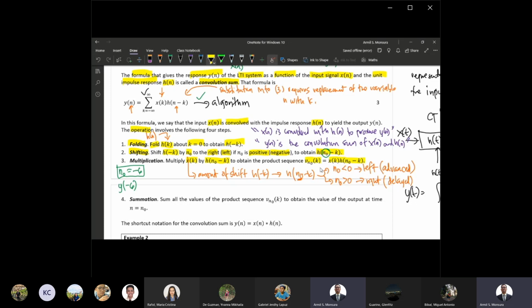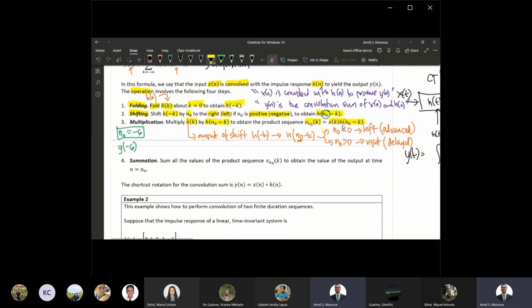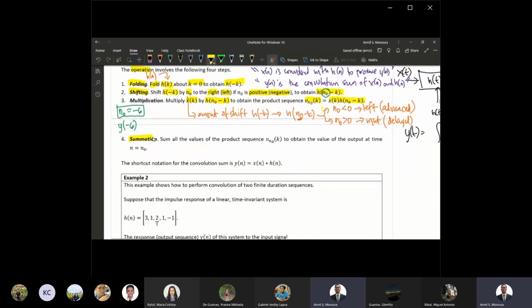Although later on in our operation, we won't distinguish the difference between the domains. Then finally, once you have formed the product sequence of x of k and h of n0 minus k, you add up the values of the product sequence. All the values of this product sequence, you add. The sum amounts to the value of the output at time n equals n0. So this is what I said earlier: the value of n0 you used to shift your h determines the time index of the output that we are computing.